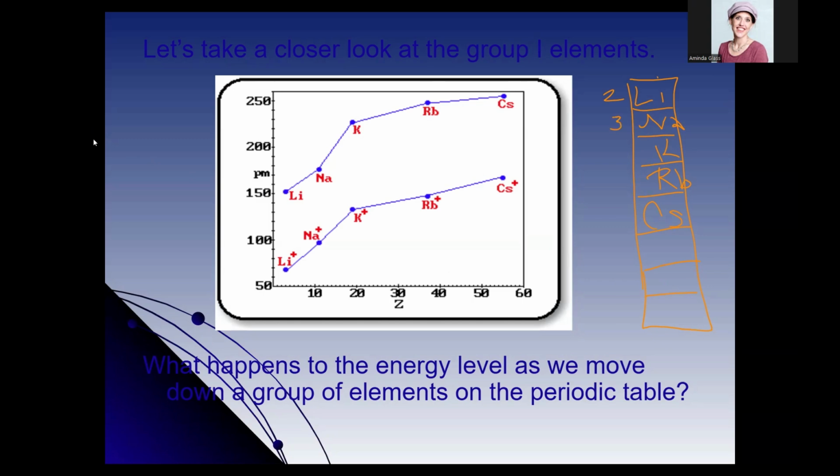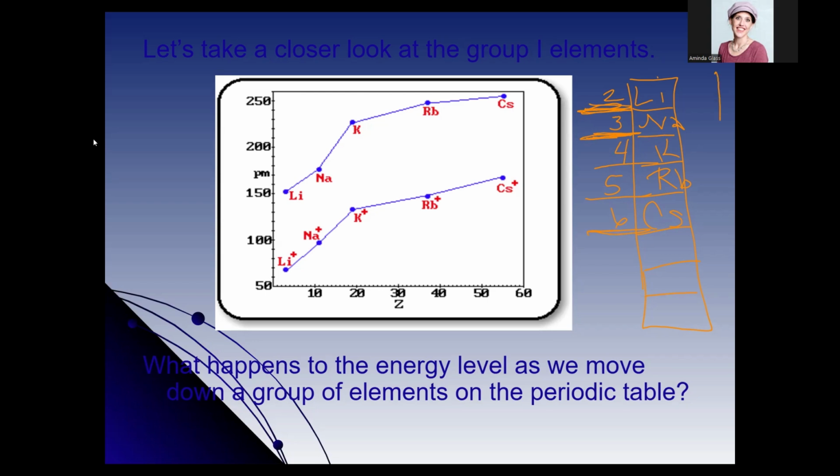Sodium is in period 3, 4, 5, 6. So we know that each energy level corresponds to the period number. So lithium is in energy level 2. Sodium is in energy level 3. Potassium is in energy level 4. Rubidium is in energy level 5. Cesium is in energy level 6.